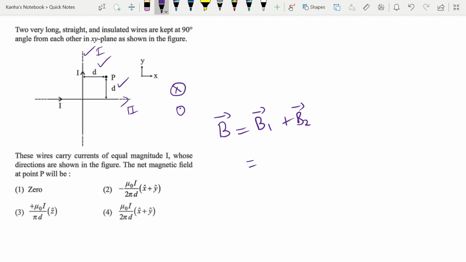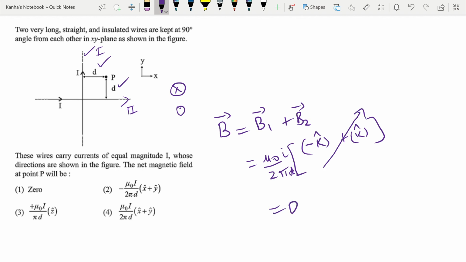So if you write the magnetic fields, you have mu naught by 2 pi, or I can even take d outside, times I into minus k cap plus k cap if I write it for both, and this turns out to be 0. So the magnetic field at that point turns out to be 0.